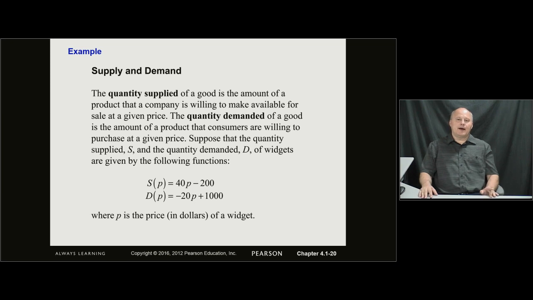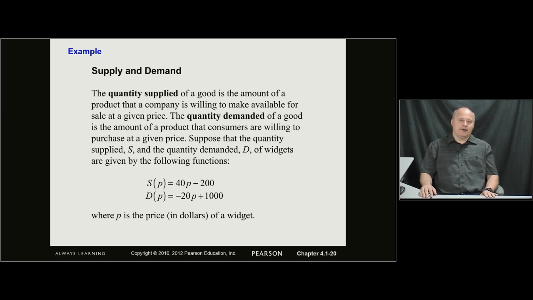Okay, but what happens if you set the price at $30? Well, the company is going to be very happy because 40 times 30 is 1,200, minus 200 is 1,000. So they're willing to make you 1,000 items. But the consumer says, wait a minute. Negative 20 times 30 is negative 600, plus 1,000 is 400.